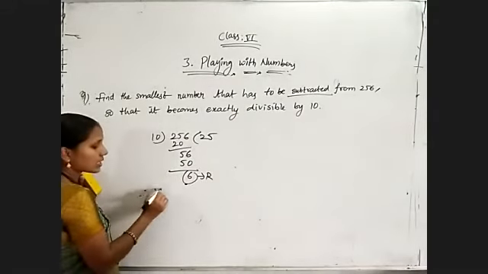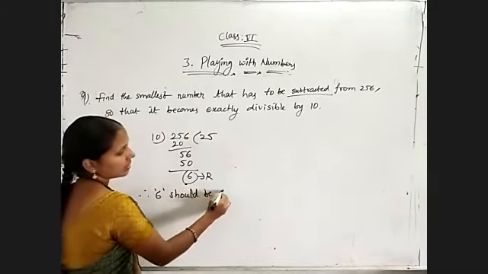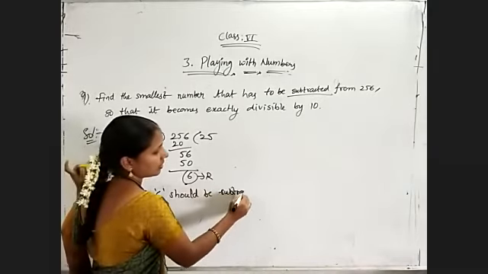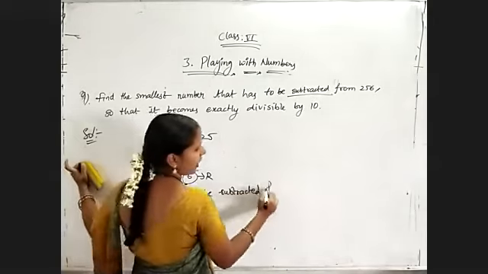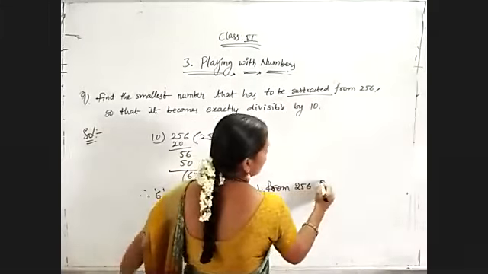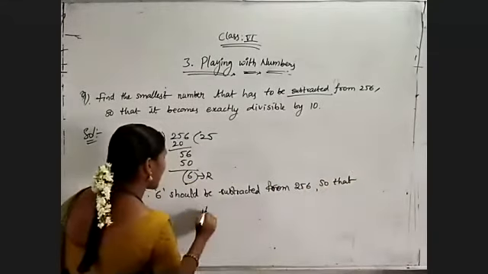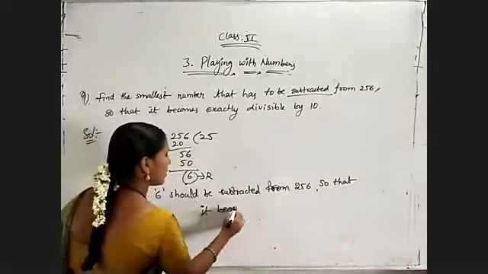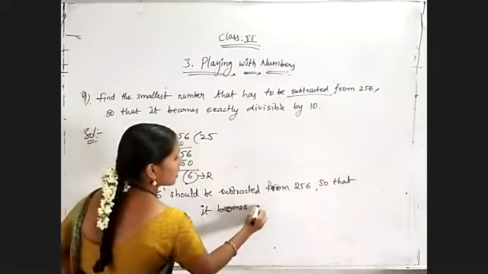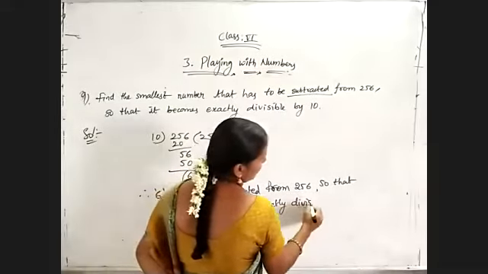Therefore, 6 should be subtracted from 256 so that it becomes exactly divisible by 10.